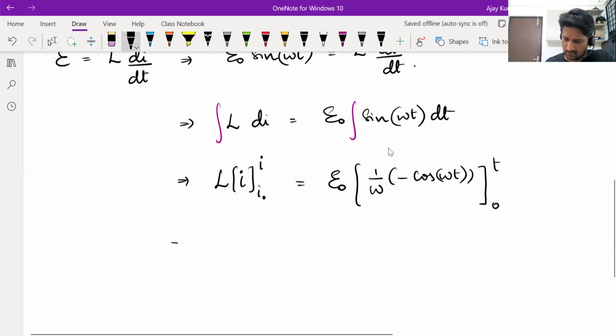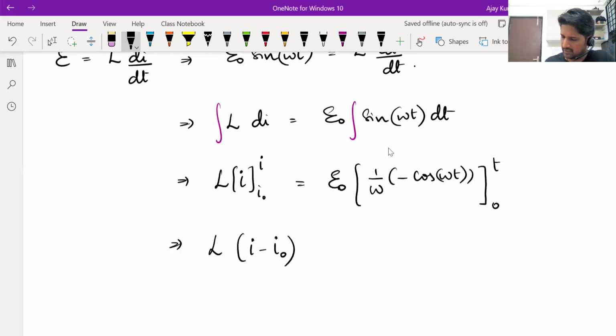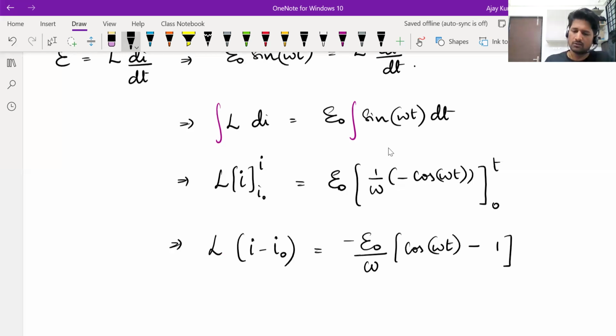So this becomes L into I minus I naught. We'll discuss about I naught later. Minus E naught by omega. Substitute upper limit cos omega t, substitute lower limit cos 0. Cos 0 is 1. So what we do in this derivation is we relate this I naught to this 1 and cancel both of them.